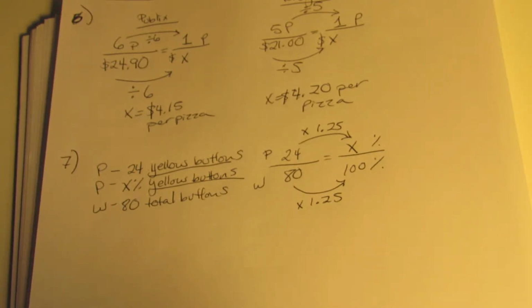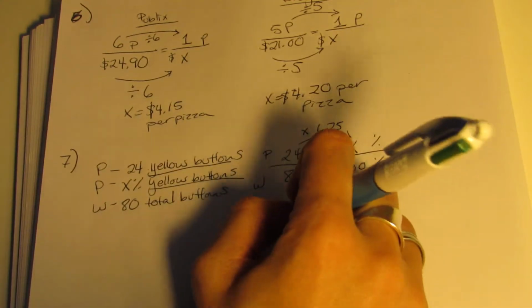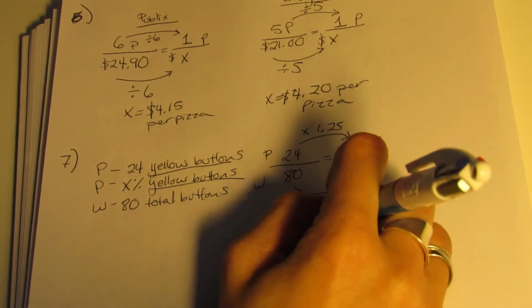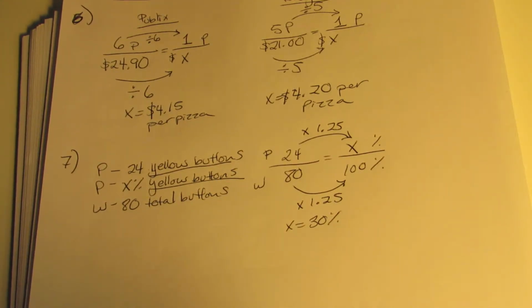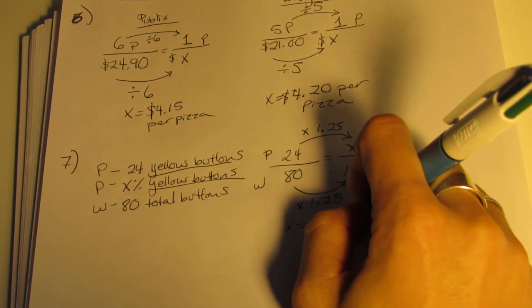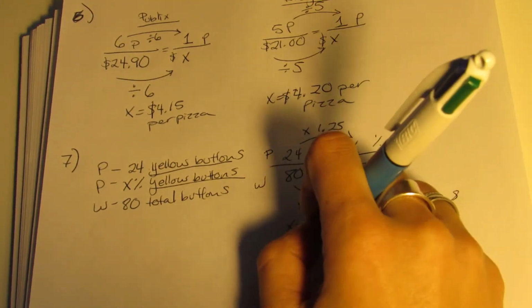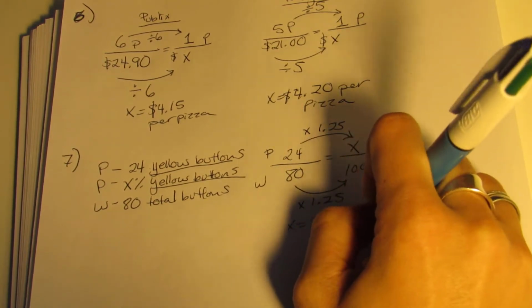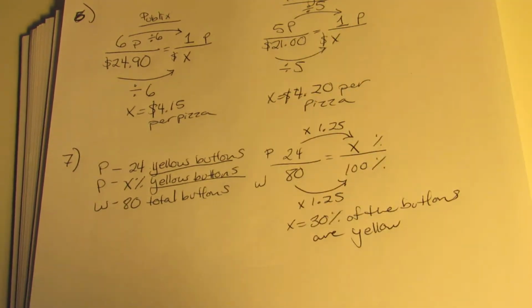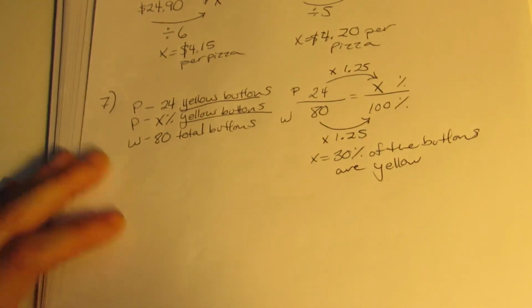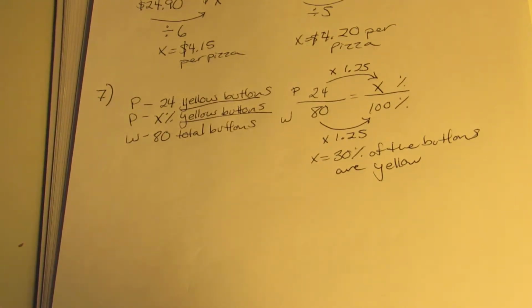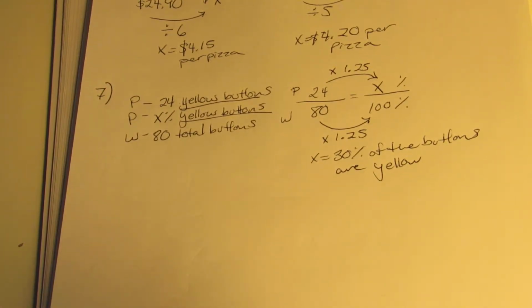So let's do the top. 24 times 1.25. X is equal to 30% of the buttons are yellow. And that's the strategy I'd like for you guys to use on your test as well because it will help you. Let's look at number 8.